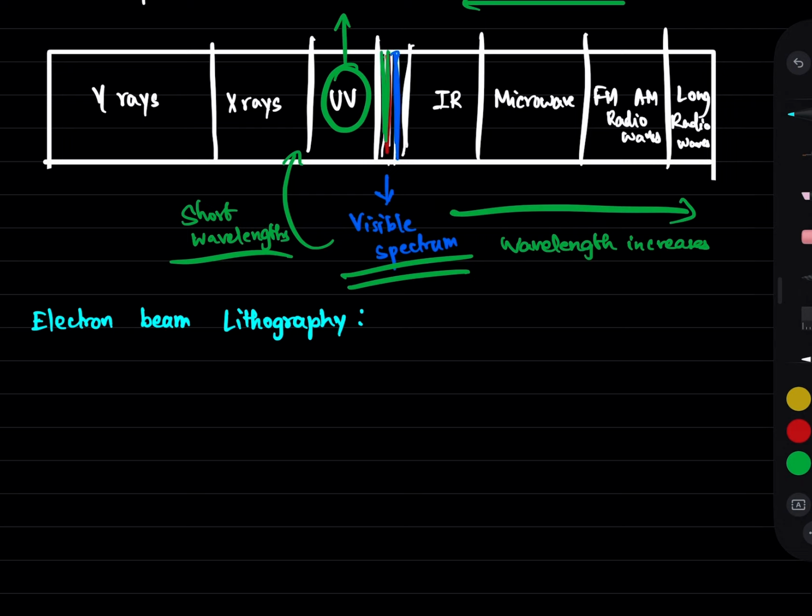We focus a high intensity beam of electrons onto the photomask, thereby creating an impression on the substrate. So basically this uses an electron beam.